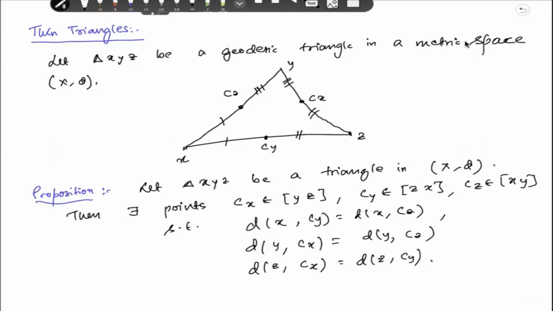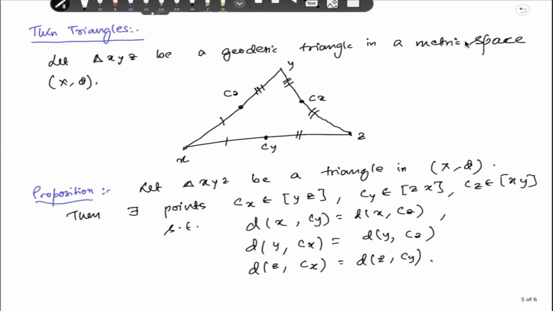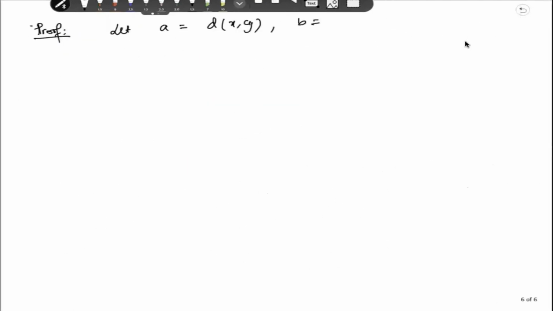Let A be equal to the distance between x and CY, B equal to the distance between z and CY, and let C equal the distance between y and CX.